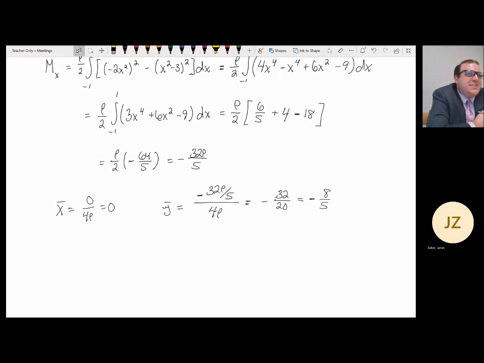Keep in mind, if I'm also asking for mass, you can't do that. So the center of mass is the point (0, -8/5).